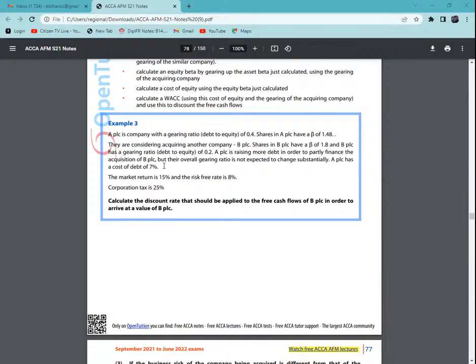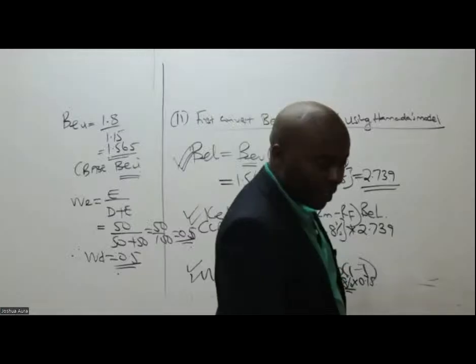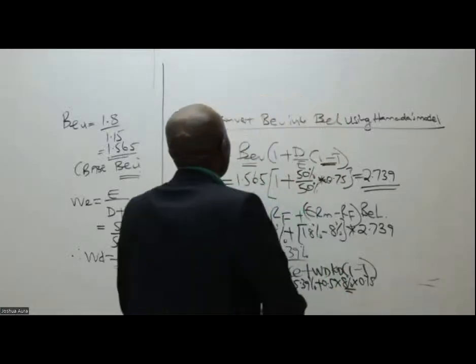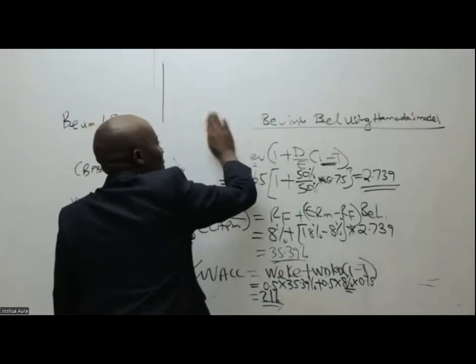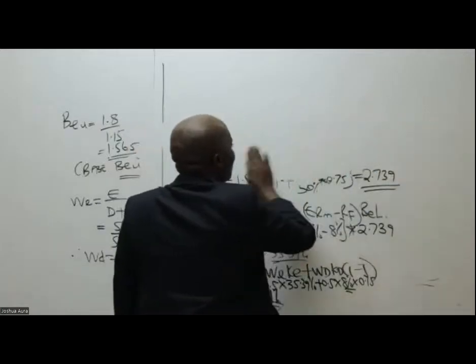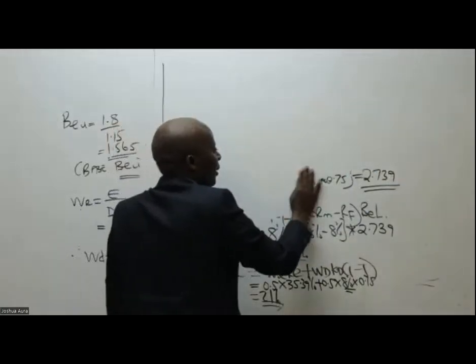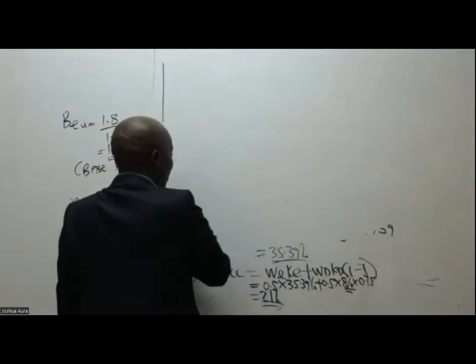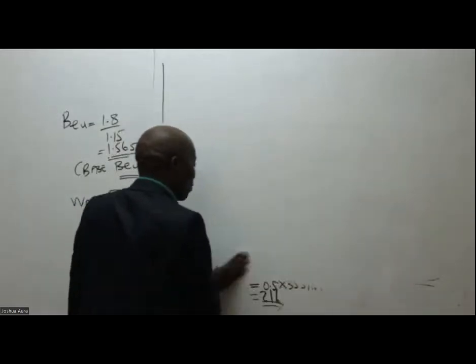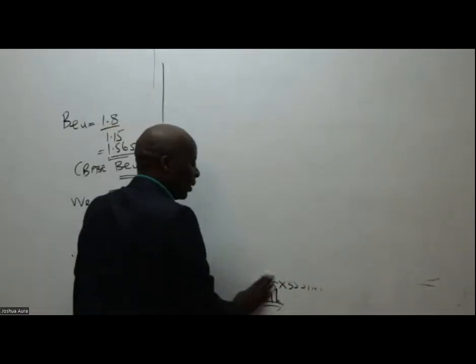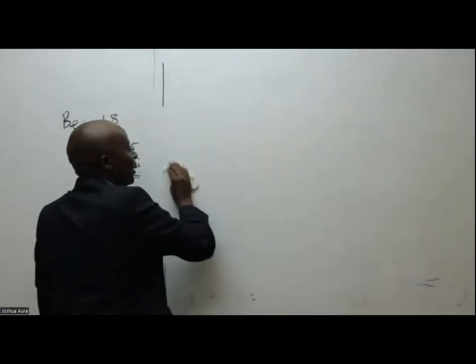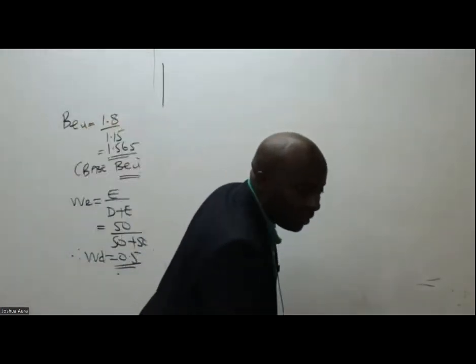Okay. So if I'm the one doing this exam, when I hear a company is diversifying to some new industry, I have the concept of the relevant beta. That is where I'll always start from. So come and write in capital letters, relevant beta.